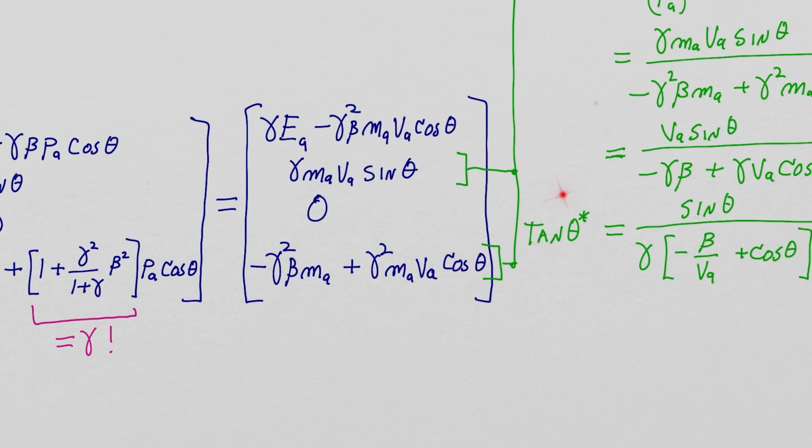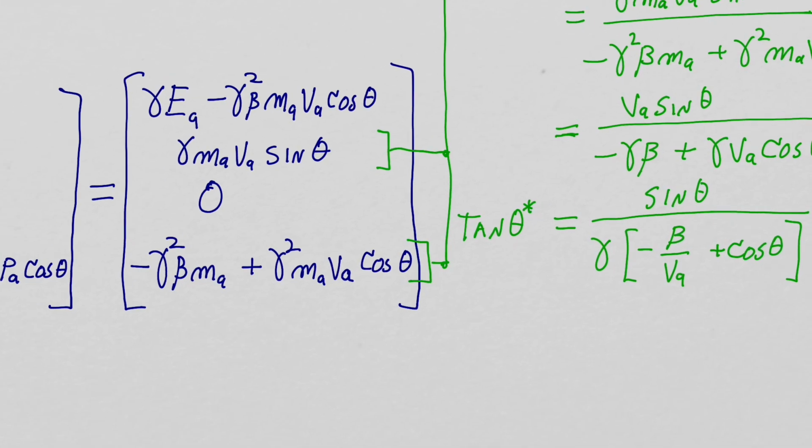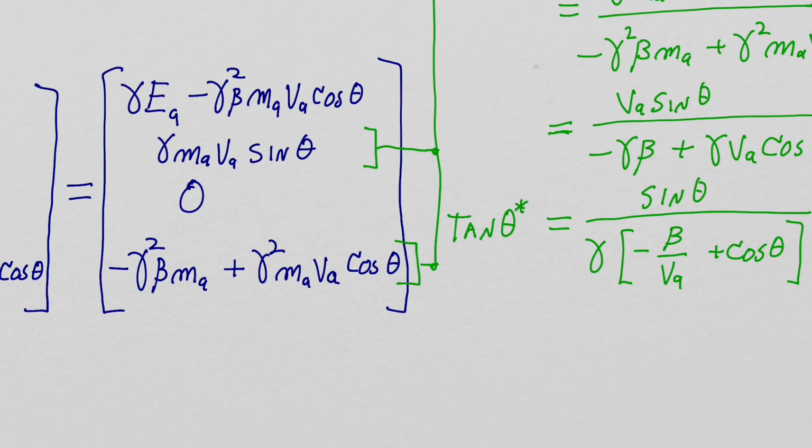And in the lab frame, I'll call it theta star. I found a paper that liked to use stars for the transformed frame, and I've never used a star for the transformed frame before, so I thought I'd give it a try and see how that notation feels. So I'm going to take this and divide it by this.